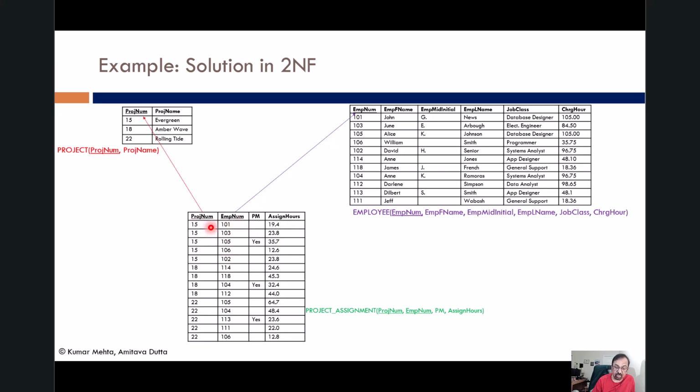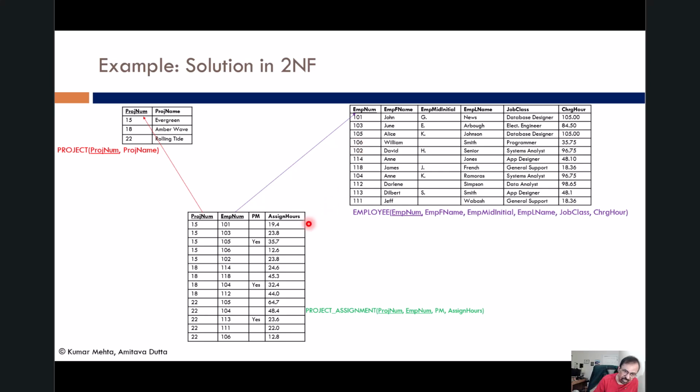However, project number by itself in this third table was a foreign key that connected the table to project, and employee number by itself is a foreign key that connects this third table to employee. Now let's look at these tables individually and say, we know that each of these is in second normal form, but do they continue to have some insert, update, and delete anomalies?